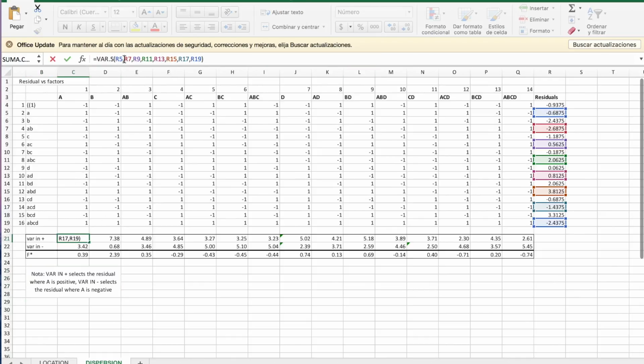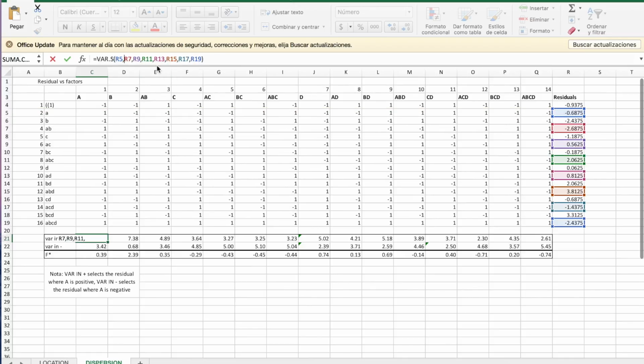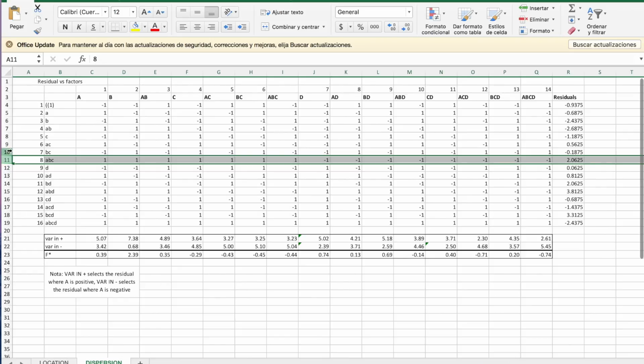For example, in variance A, we can see that in the second residual, A is positive. And then we don't select the next one, we select the fourth one, where A is also positive, and so on. Every residual where A is positive, we're going to select it.